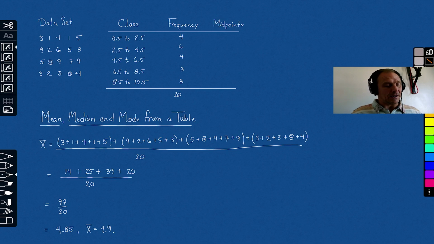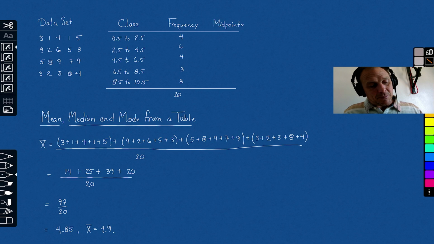We have no idea. So what we do is we use the midpoint as the best representative for each class. So the midpoint is essentially the mean of the class.